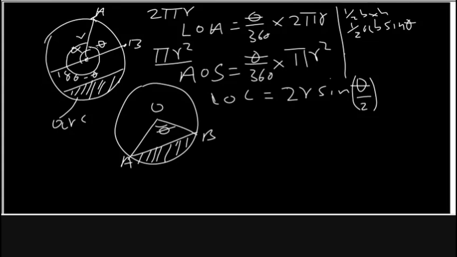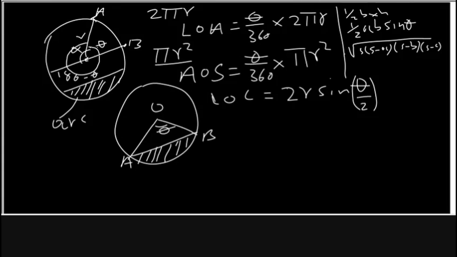With that semi-perimeter, S, the area of the triangle is the square root of S into S minus A into S minus B, then into S minus C.